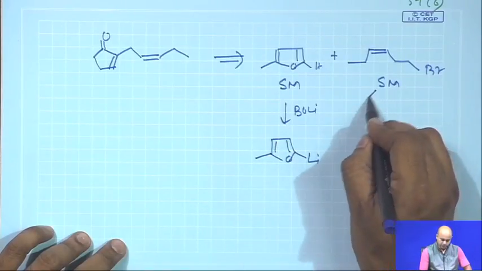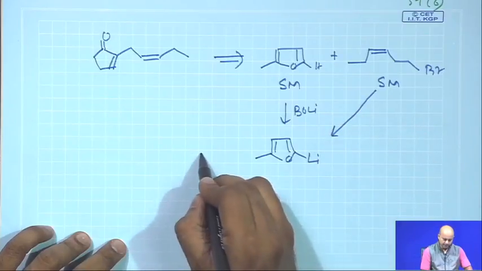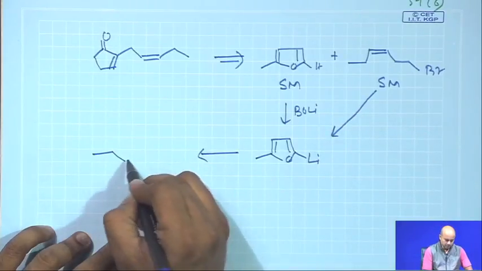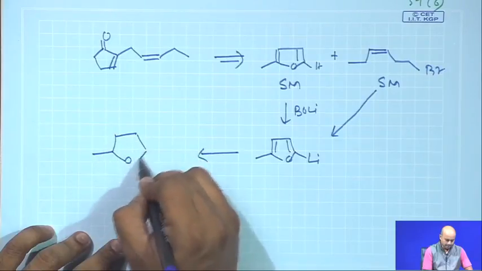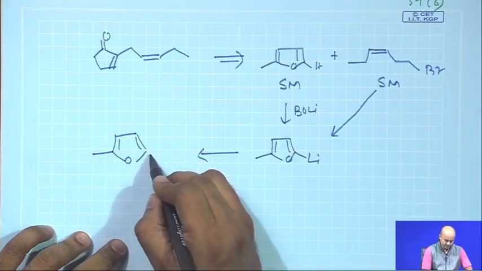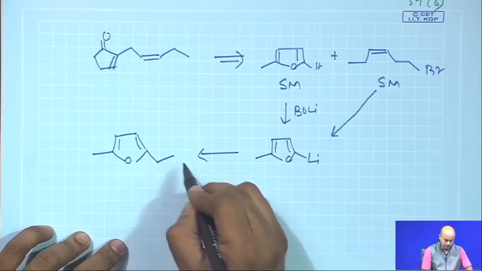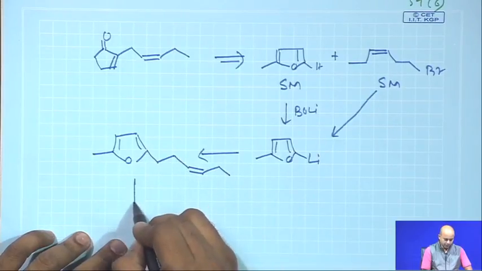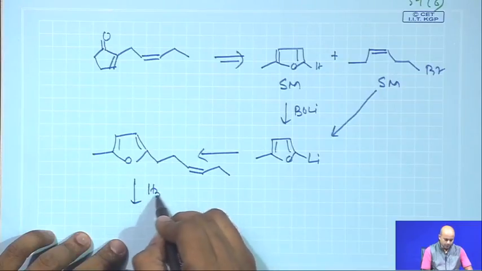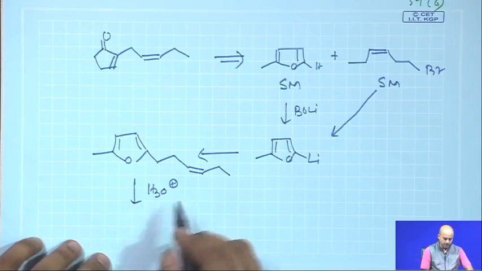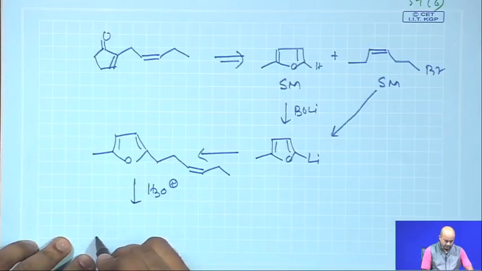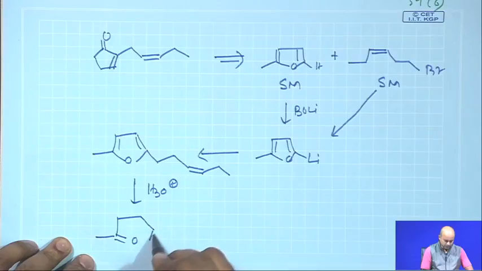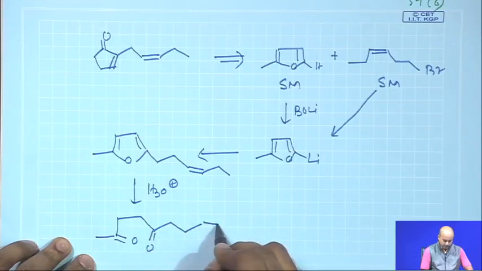Now, this lithiated species and this one react to give you a CH2, CH2, CH2 double bond, these things. Now, furan compounds can easily be opened up to a 1,4 dicarbonyl compound just by aqueous hydrolysis, and then you will find that you basically get this 1,4 dicarbonyl compound.